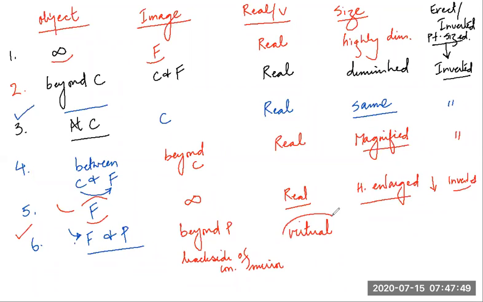Only in this case, the lines are not actually intersecting, but we are extending the lines backwards and making them meet at this point. So that's why we say the image is virtual. All right. The size is enlarged. You have seen the object was this and the image was this, and it is erect.